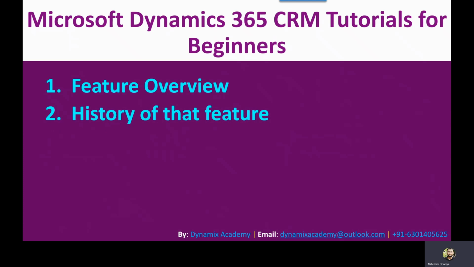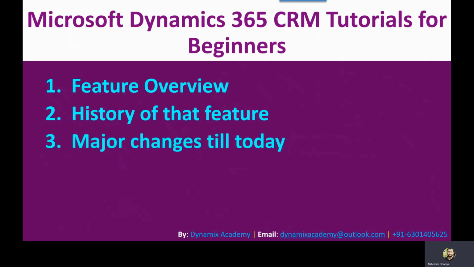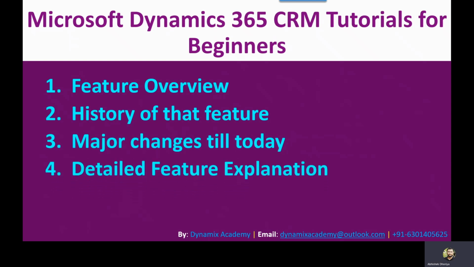It means in which version of Microsoft Dynamics CRM this feature was introduced and what major changes happened in that particular feature from the introduction till today. After knowing that, we'll give you a detailed feature explanation, like what that feature is all about and currently how you can utilize it to maximum potential, and lastly we will cover the future roadmap of that particular feature.